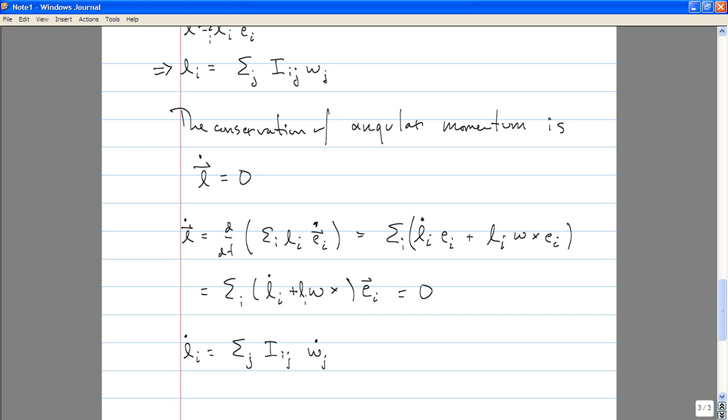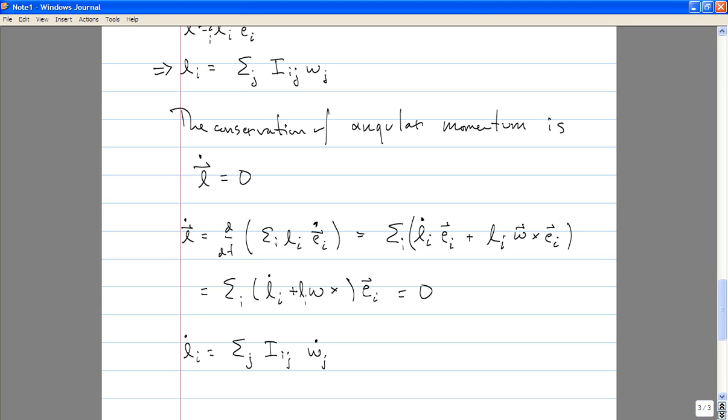Is that clear? Okay. So in the second line, you have Li omega cross Ei. Yes, these are vectors, and Li is not a vector. It's just a set of three numbers.